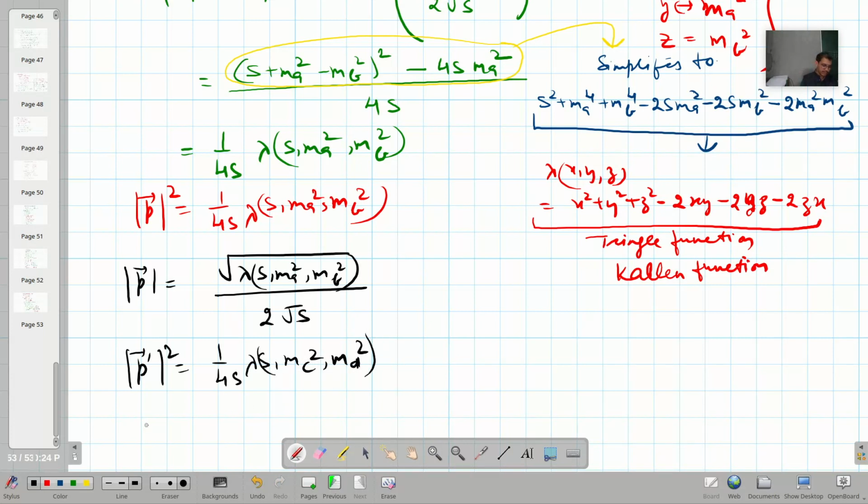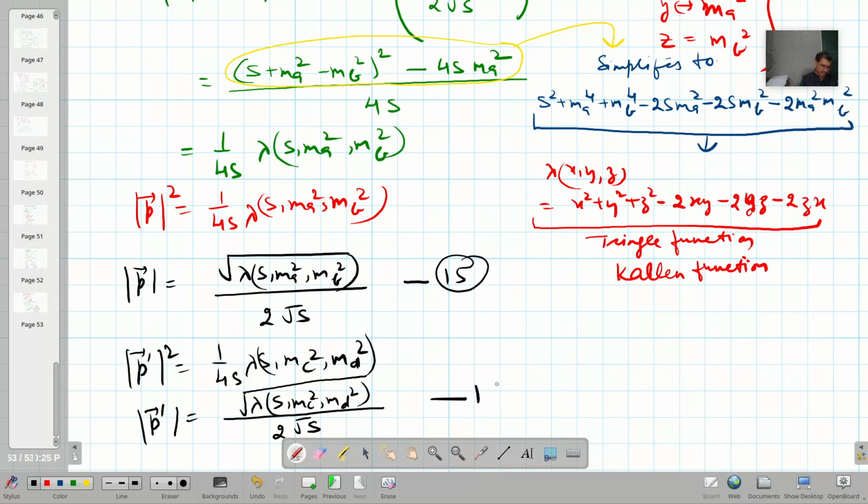So I can write down that p prime is equal to, sorry, yeah, it is lambda (s, mc square, md square) under the root upon 2 root s, right? So let me call these equation number 15 and equation number 16.